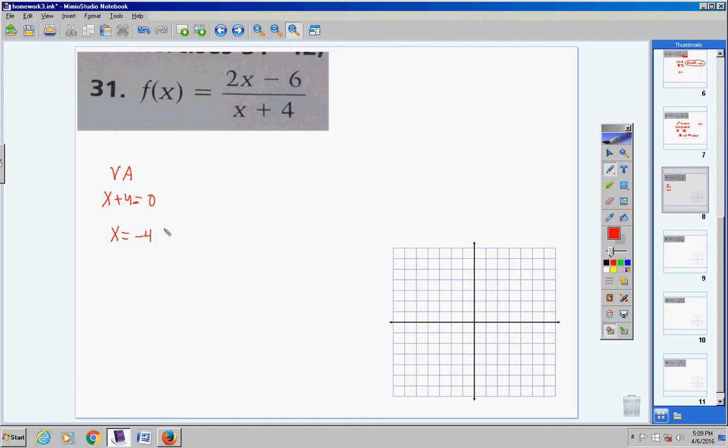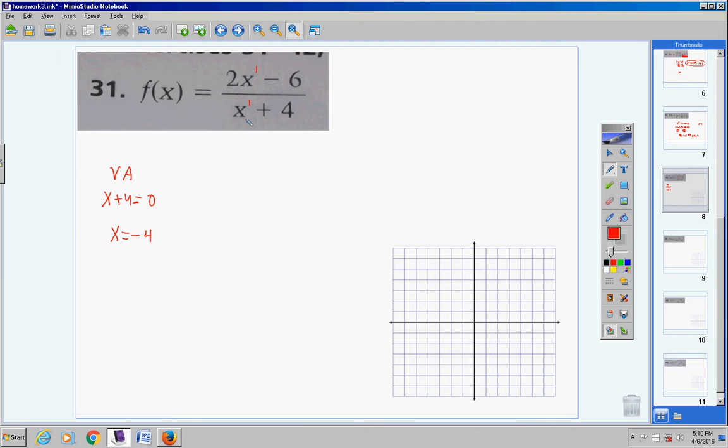Alright? Now, let's find our horizontal asymptotes, remember. Let's find our degree. Degree of the numerator, 1. Degree of the denominator, 1. Now if the degree is greater up top, I have no horizontal asymptote. If the degree is greater in the bottom, I have a horizontal asymptote. I'm afraid I just said vertical. Let me start over. If your degree is greater in the numerator, you have no horizontal asymptote.